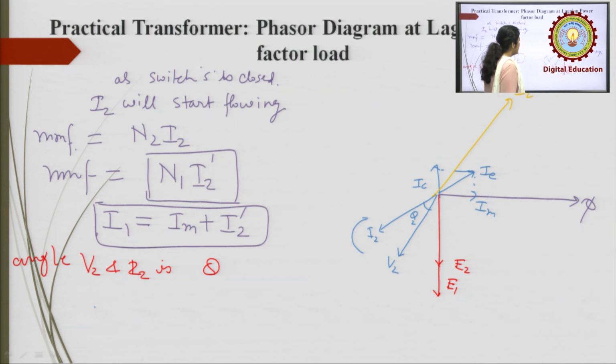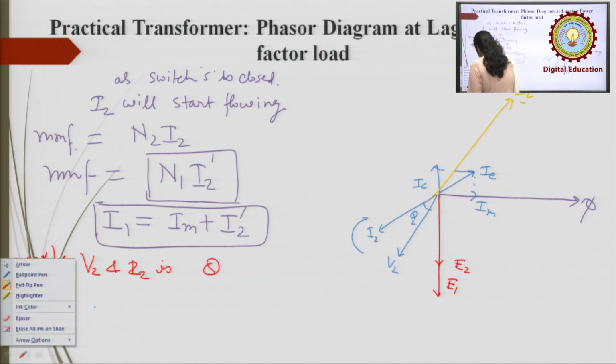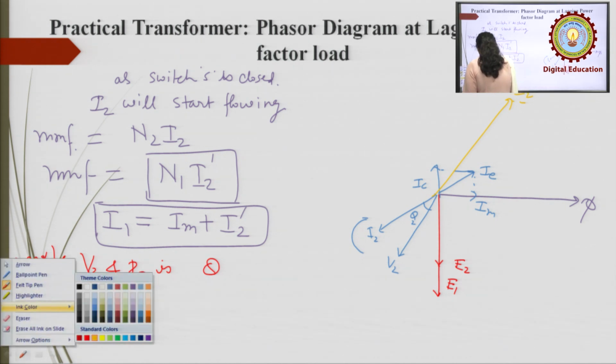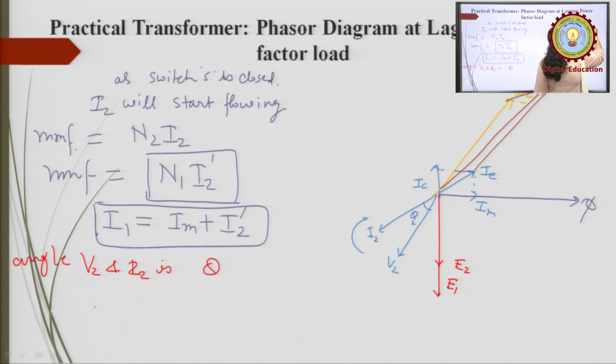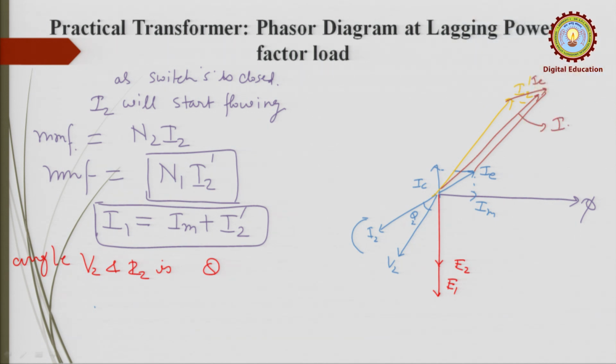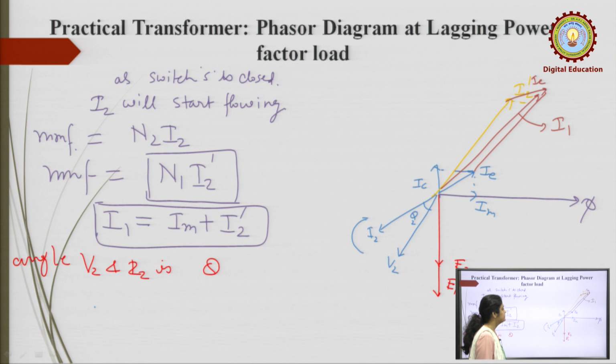Now, the phasor sum of I2 dash and IE gives you the primary current. So, if it is IE, and this is parallel to IE, this gives you I1. This is the primary current.